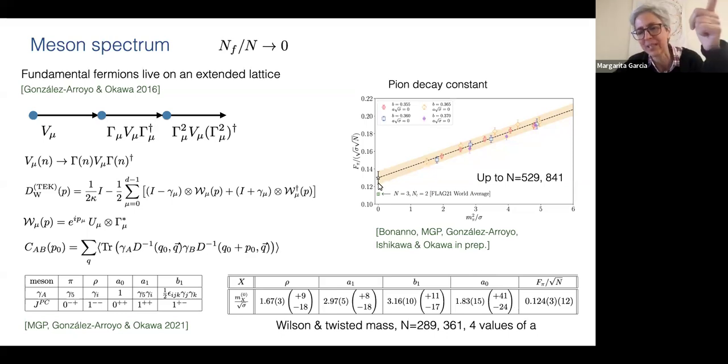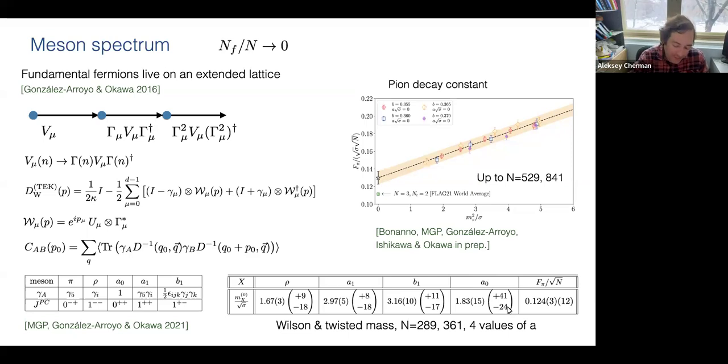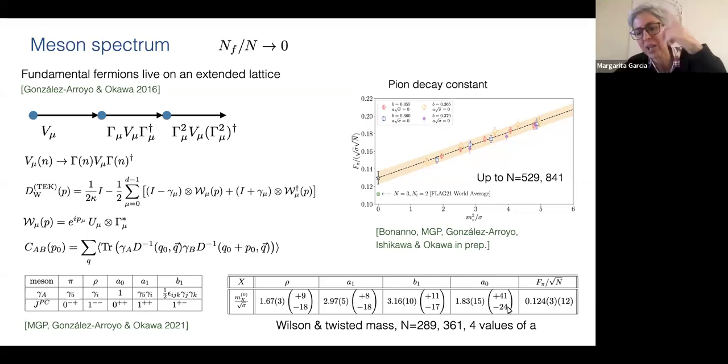So, for instance, I presented at the beginning results by Gunnar Bali for the meson spectrum. This corresponds to one value of the lattice spacing. And for some states, for instance for the rho, they observe quite significant lattice artifacts, I mean, dependence on the lattice spacing. There is a thesis by Castagnini where they try to do, for some of these states, a continuum extrapolation.